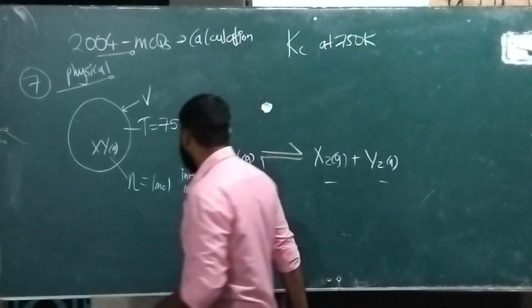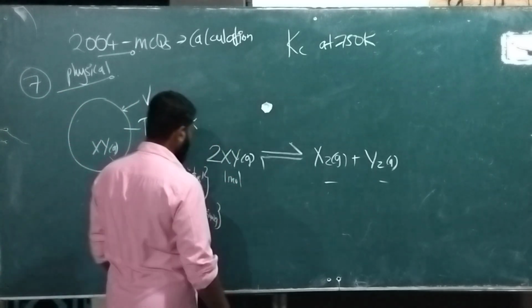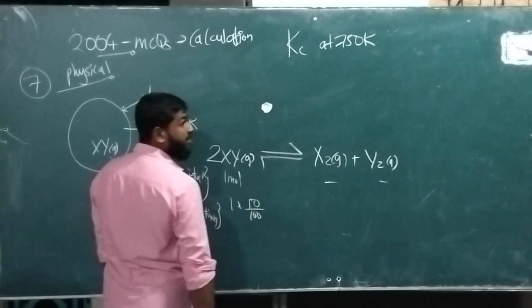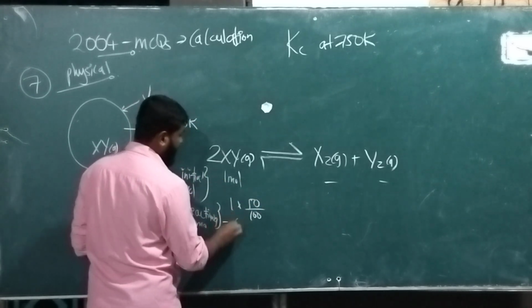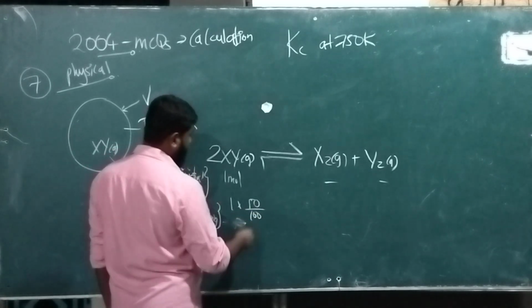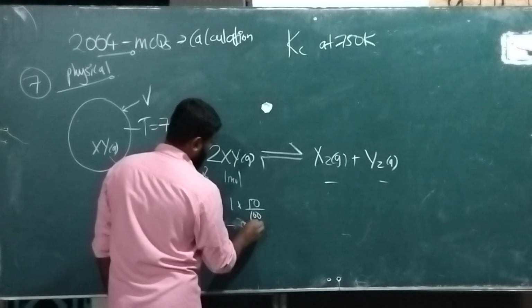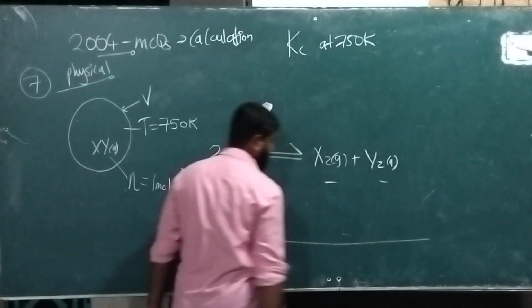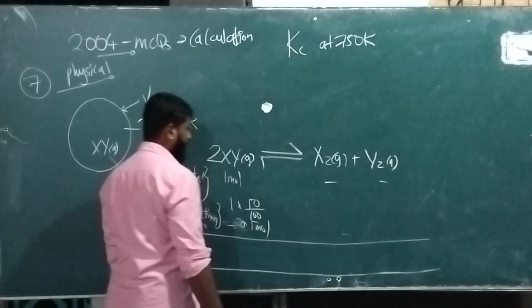So 50% of 1 mole is 0.5, that is 1 into 50 over 100. So minus 50 over 100, which means minus 0.5 moles is dissociated.